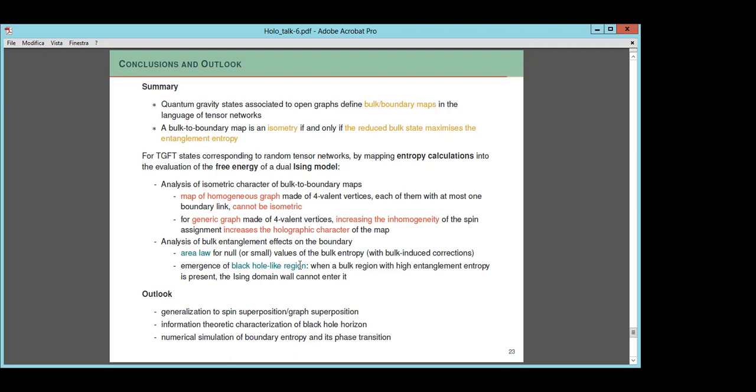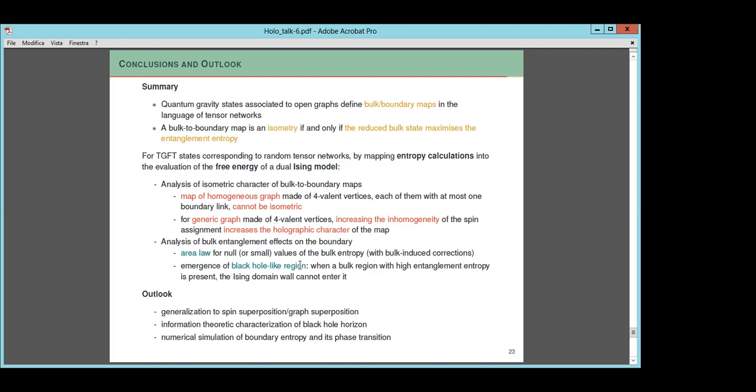Now there are several generalizations and issues that can be tackled next. I mentioned a few here. So the first point is to generalize the work to include superposition of spins and of different graph states.